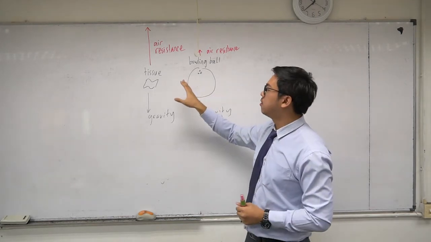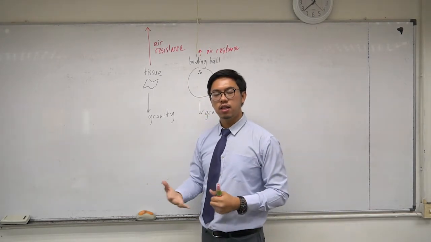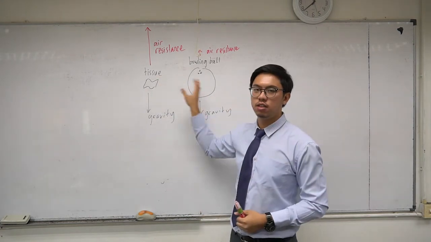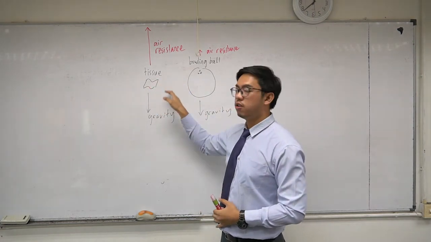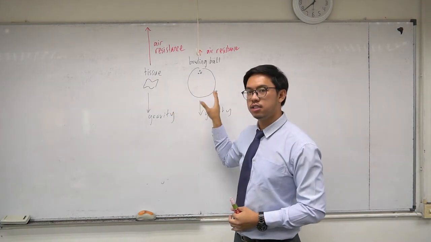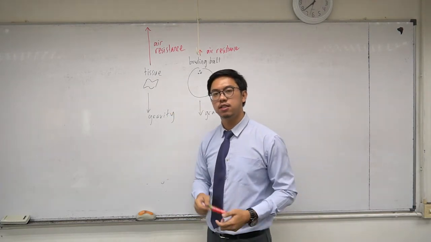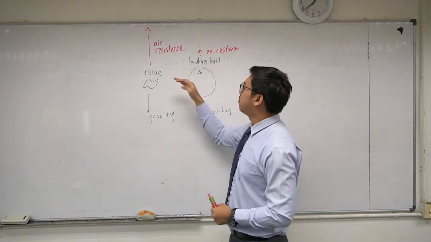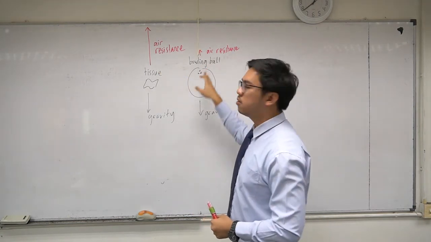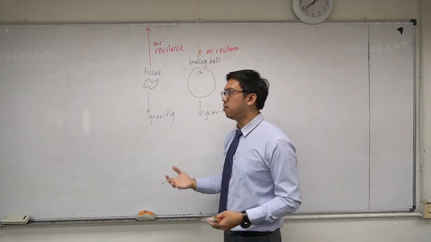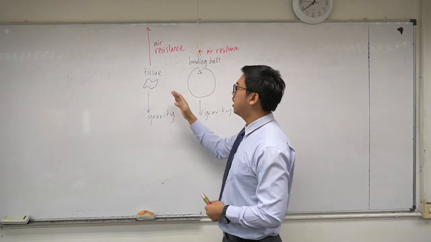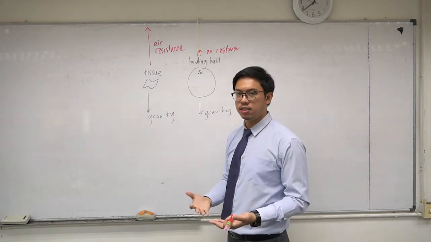I want to explain again that during free fall, we only have gravity acting on these objects. During free fall, their acceleration is the same, which on Earth should be 10 meters per second squared. But because you have a different force acting on them, they're not truly in free fall, and therefore their acceleration will be different, and they won't reach the ground at the same time.